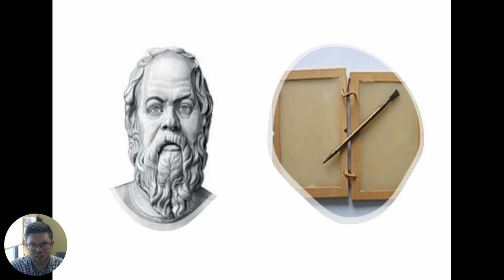In the Phaedrus, one of the questions that Socrates is batting around with his interlocutors is the benefit of the written word. Is it a good thing that we're developing these technologies of the book and our language in a written form and things like that? Is that a good thing? Is that going to help us thrive? Is that going to make us wiser and better?